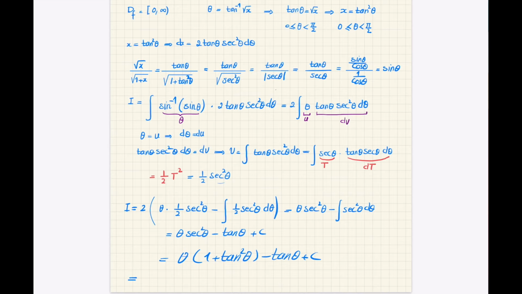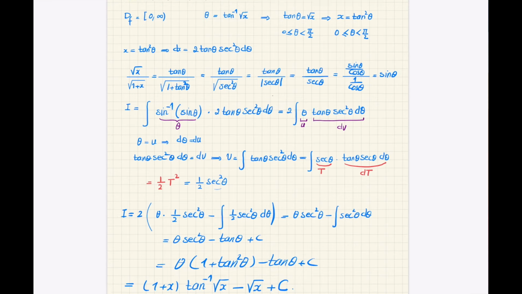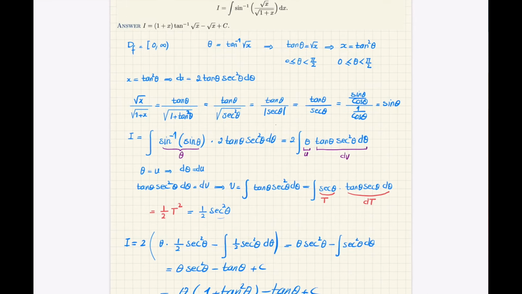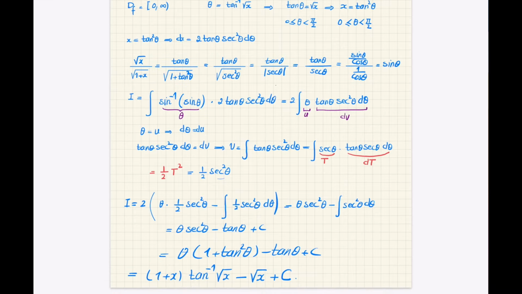So this becomes 1 plus x multiplied by a tangent inverse of square root of x minus, instead of tangent of theta, I can simply put the square root of x. So it becomes minus square root of x, finally plus c. And that is the answer provided in the problem itself. Yes, that's exactly that answer.